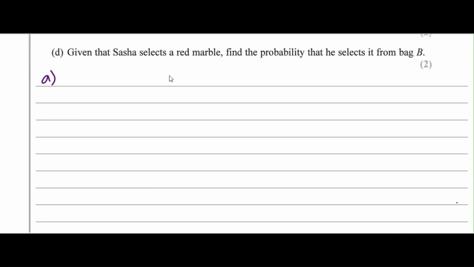Let's firstly show bag A, bag B and bag C. When he selects 1 marble from bag A, the probability of getting a red marble is 1 over 10 and probability of getting a green is 9 over 10. If he gets a red, he stops selecting. If he gets a green, then let's represent his further selection.